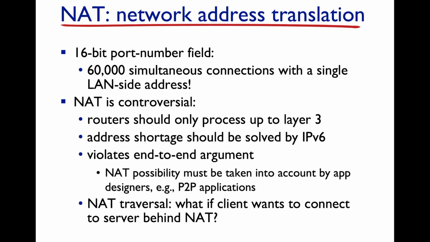All right, and so the port number, when you're doing NAT, means that you can now share a single IP address on the wide area network side of your NAT box and your router between a total of 65,535, or 2 to the 16, over 60,000 simultaneous connections to machines on the local area network side. Now, of course, NAT is controversial because routers should only process up to layer 3, and here you have this NAT function on a router messing around with this port number exchange and rewriting in addition to the IP address.